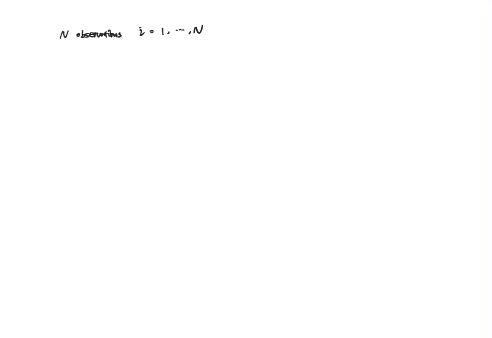The first observation looks like y1 equals beta 0 plus beta 1 x11. By the way, this means the first explanatory variable of the first observation.